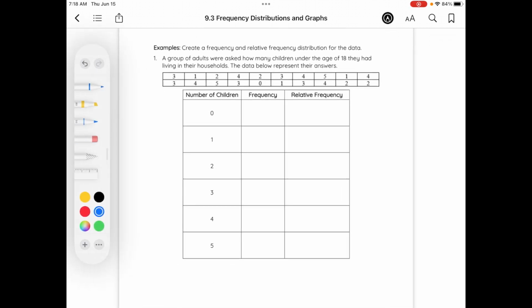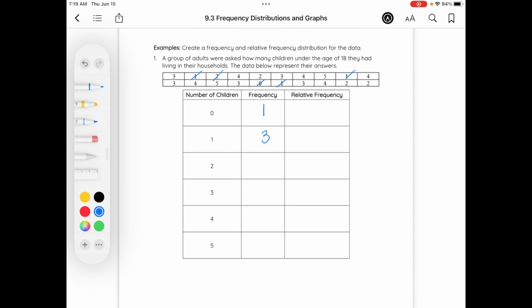Create a frequency and relative frequency distribution for the data. A group of adults were asked how many children under the age of 18 they had living in their household. The data below represents their answers. As I look in the table, how many people had 0? Looks like just 1. How many had 1? 1, 2, 3.